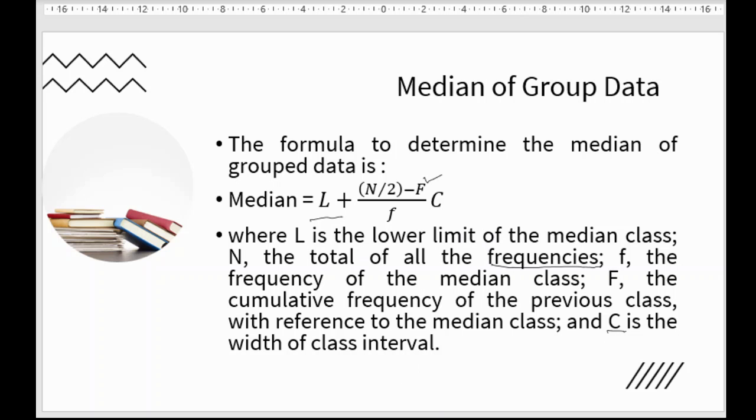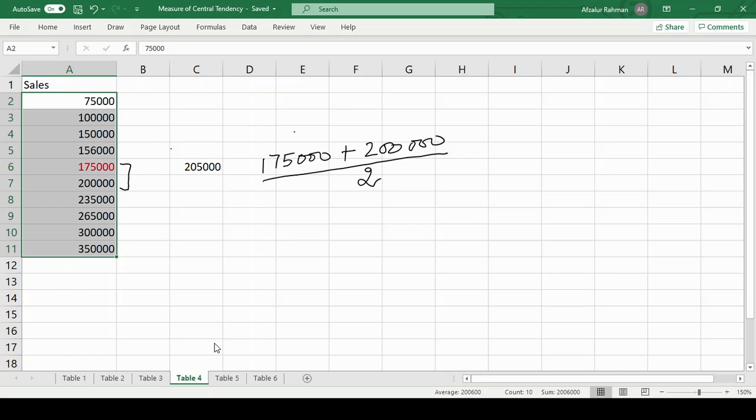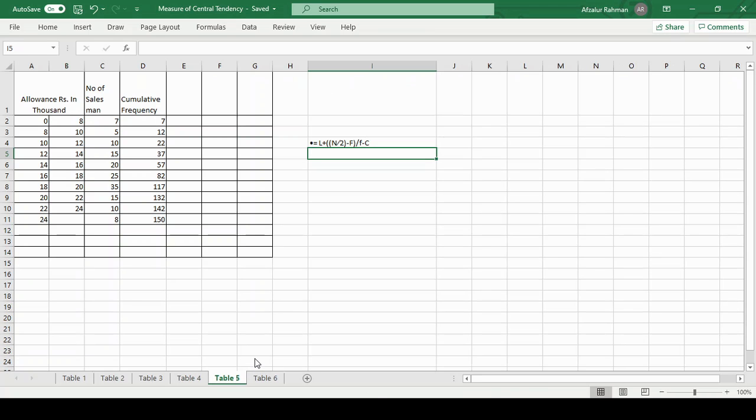Now let's go and check an example. So this is the data.